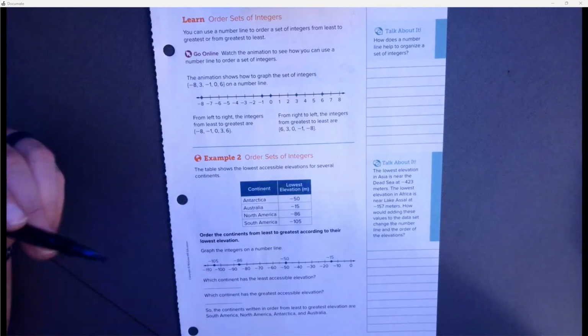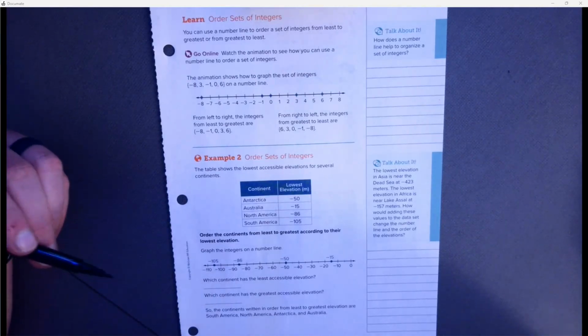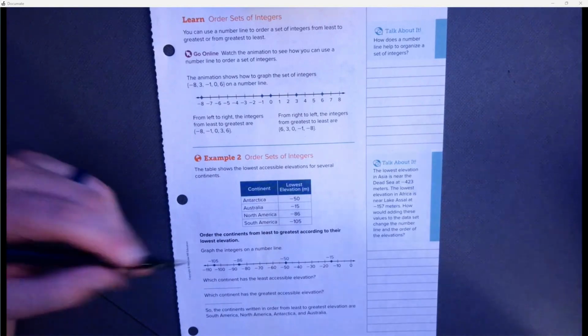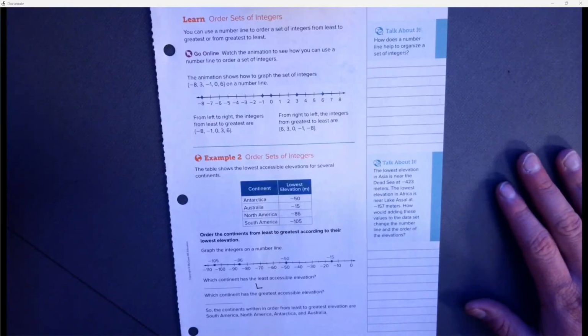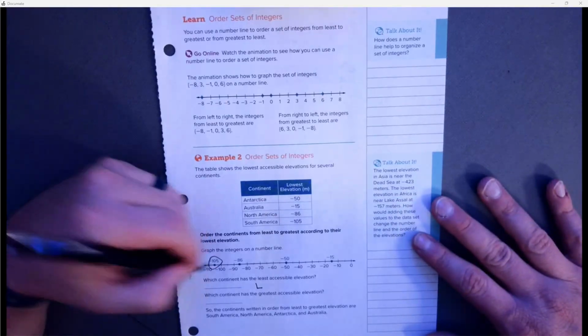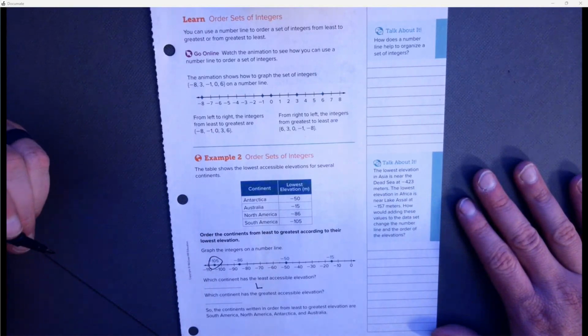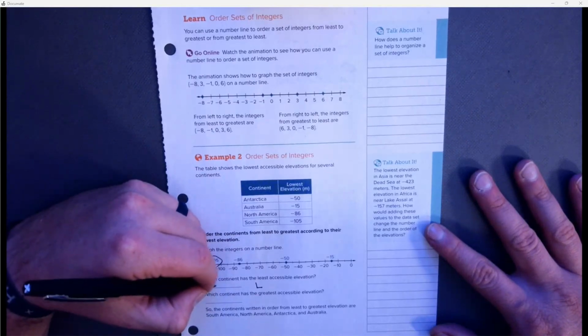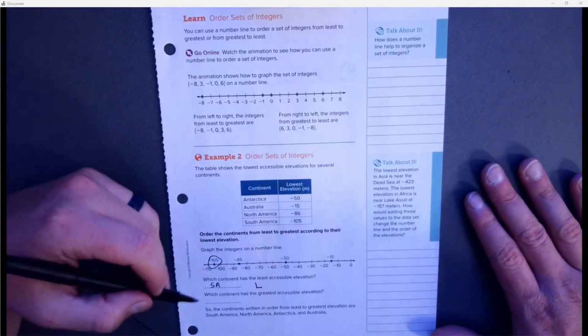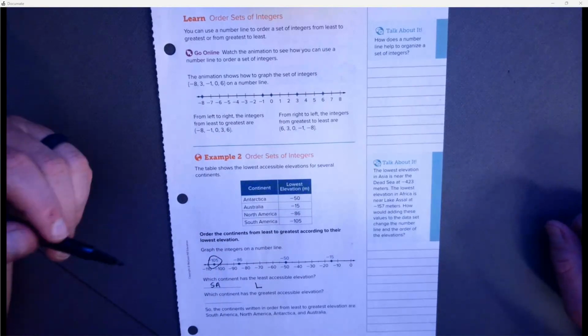So which continent has the least accessible elevation? Well, we know the least is always to the left because least and left both start with an L. So negative 105 is our least, and that goes with South America. Which continent has the greatest accessible elevation?